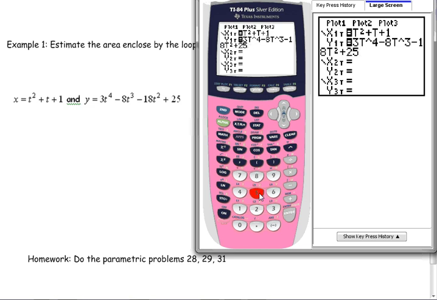The problem for me is getting the window. Did the x's ever become negative? Did I put it in right? Put that away, please. The x's never become negative. If you look at the discriminant of this, you get the square root of a negative number.